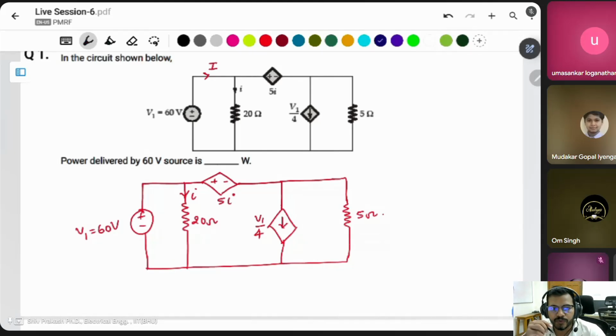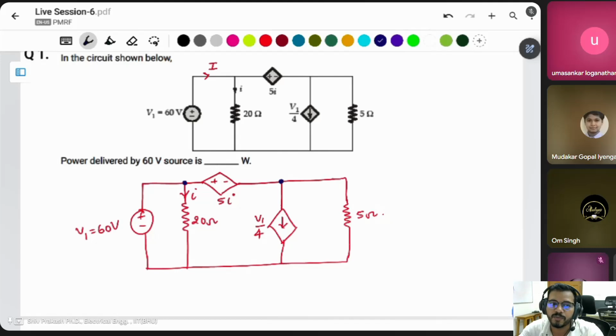Here are two nodes. This node, second node, this node. There is only a voltage source connected between these two nodes. It means this type of connection of nodes is known as a super node.